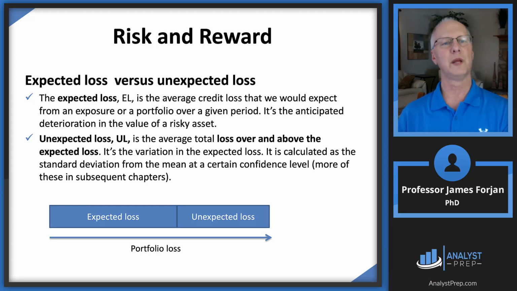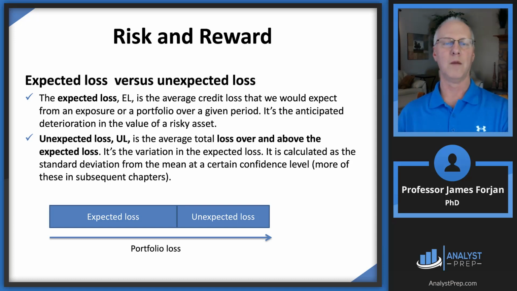How about the difference between expected loss versus unexpected loss? The expected loss is the average credit loss that we would expect from an exposure over a given period. And so you can think of it as the anticipated or expected deterioration in the value of a risky asset. The unexpected loss, however, is the loss over and above the expected loss. So if you combine expected and unexpected losses, you get the portfolio loss.